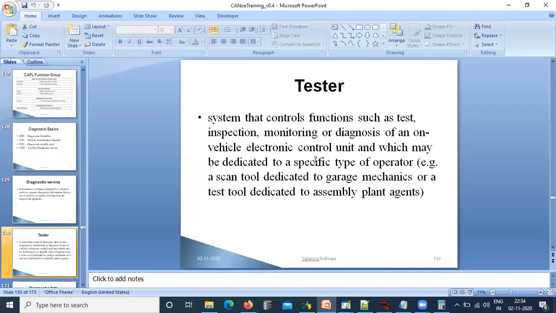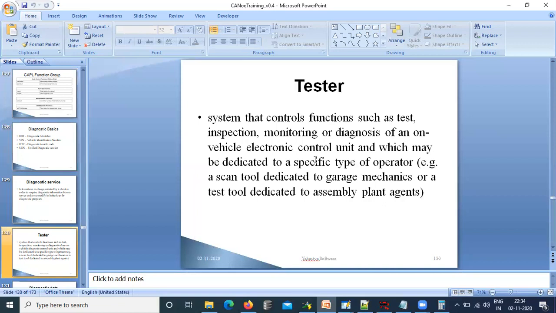If you are in any session other than the default session, you have to send a heartbeat signal, which is called tester present. It is a CAN message packet, 3E 00, I believe. We have to send that packet periodically within a defined time.